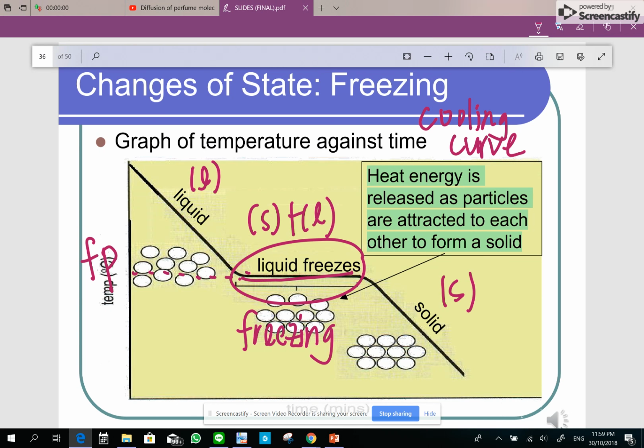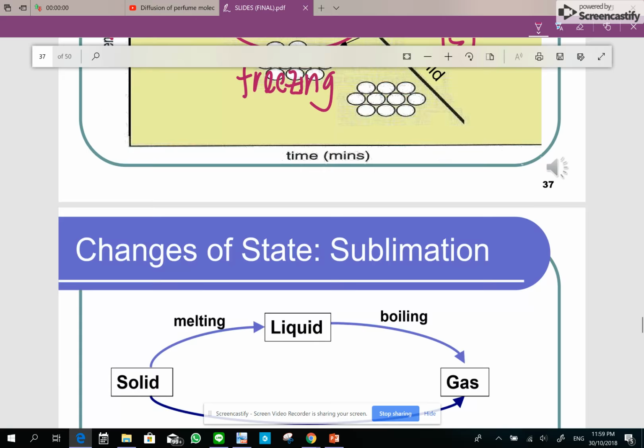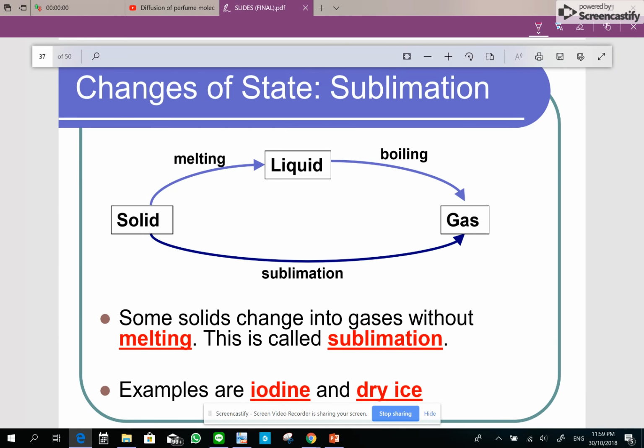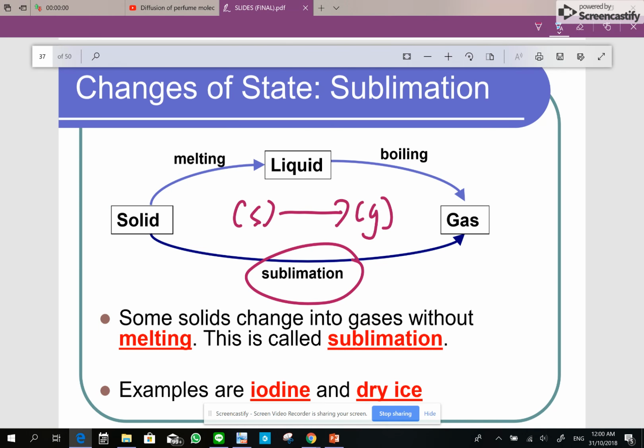The last process that we want to learn is something not very familiar to you, sublimation. We have learned three processes, but sublimation is a direct process from solid to gas. It's like a through train, it skips the liquid state. It changes into gas without melting.